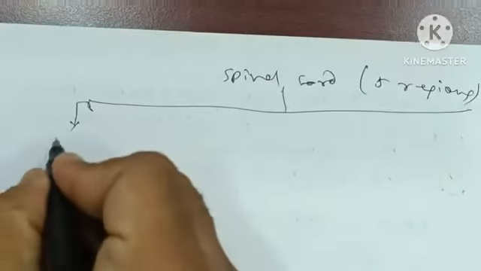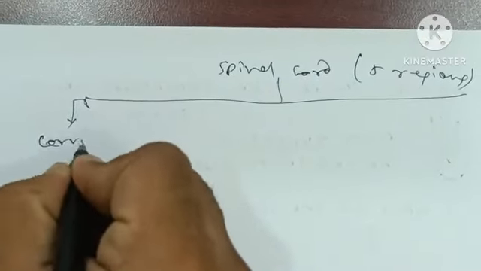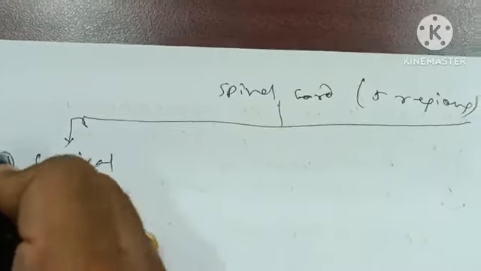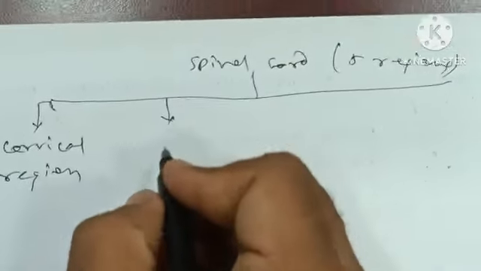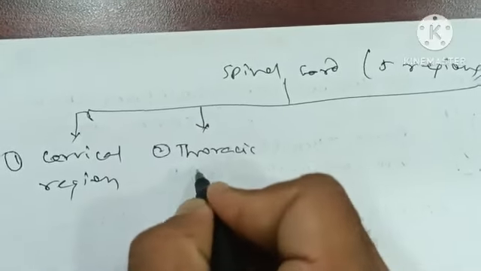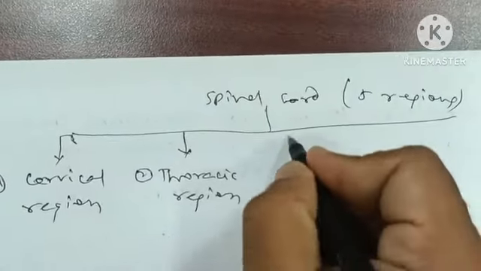What are those 5 regions? First one is the cervical region. Second one is the thoracic region.